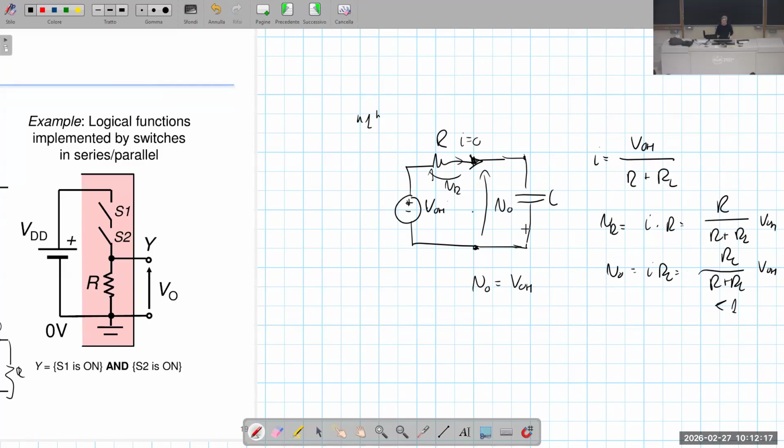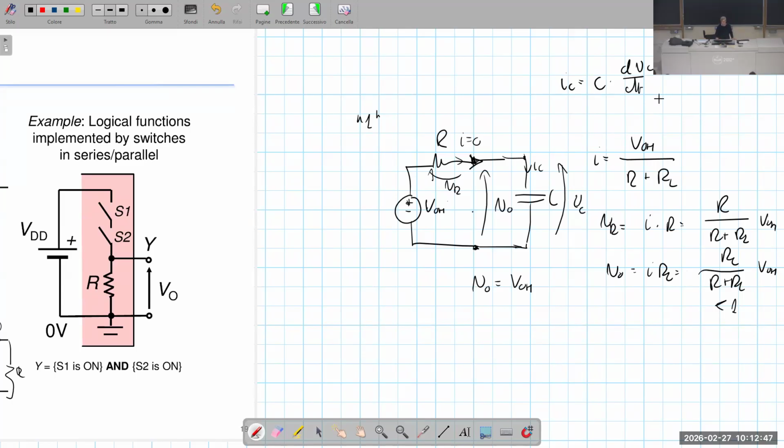And you remember the relation between the voltage and the current in a capacitance? You remember? IC is equal to, exactly, the derivative over time of VC.